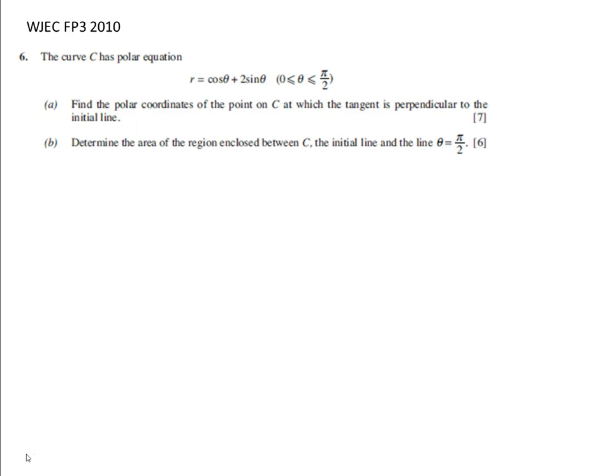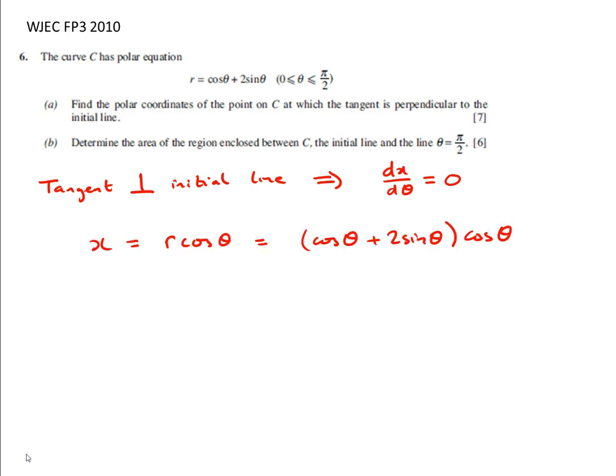Now if the tangent is perpendicular to the initial line, then dx by d theta must be equal to 0. x is equal to r cos theta, so x is cos theta plus 2 sine theta times cos theta.